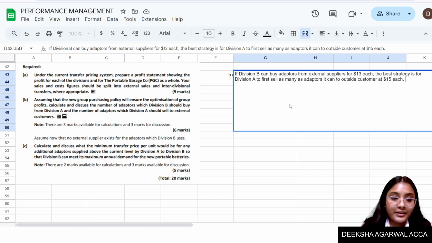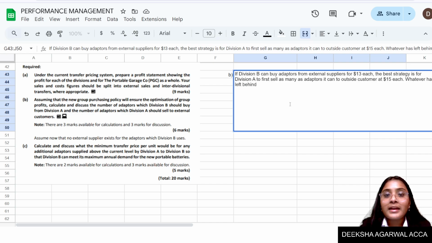So whatever has been left behind, what can the company do? Then it can be sold to division B at a price they both agree on.